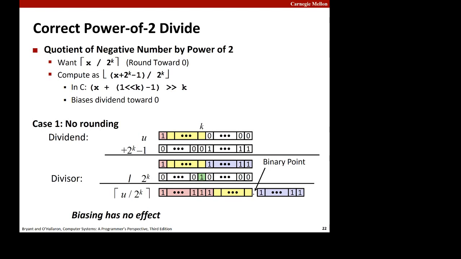I mean, it will end up with all ones, but this yellow part will stay the same as before. And when I shift that and drop off anything to the right of the binary point, then I'll get back just the original shifted number, and you'll see I'm doing an arithmetic shift. I'm filling it with ones. So for the case where no rounding is required, this biasing has no real effect.